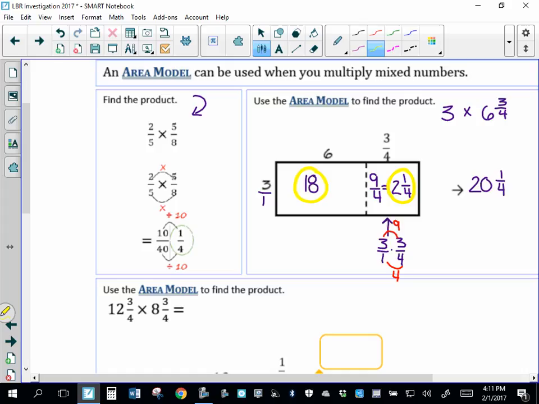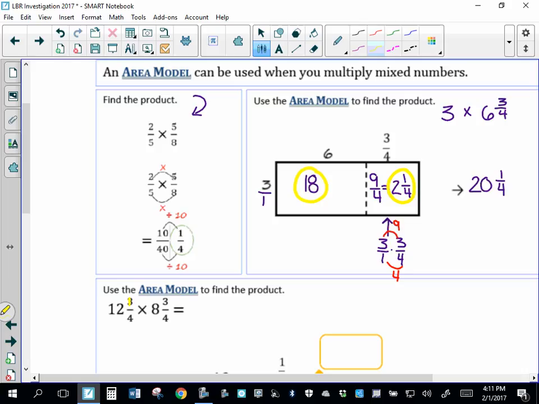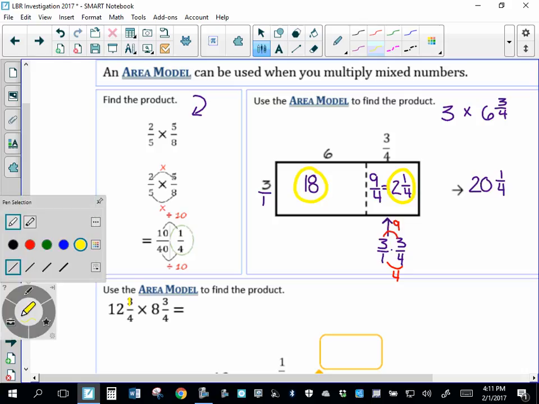The next problem we did below, before we started, we corrected a typo that you will see on your sheet. Instead of this being 12 3/4, it really should have read 12 1/2. Change the color on that. So it should be 12 1/2.